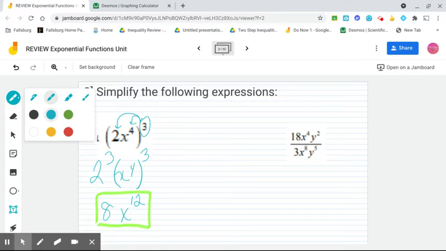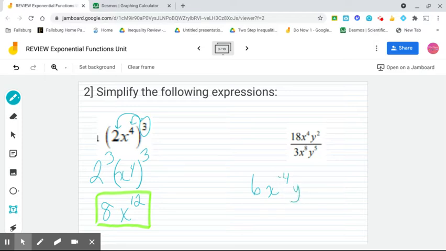Next, we have 18x to the 4th, y squared, over 3x to the 8th, y to the 5th. So we're going to focus on the coefficients. 18 divided by 3 is 6. Now we're going to focus on the x values. We are dividing, so that means we're subtracting. 4 minus 8 gives me -4.